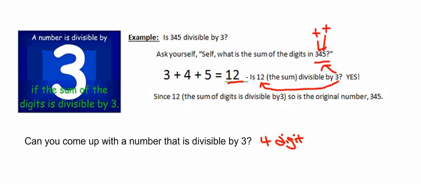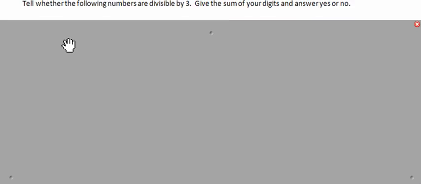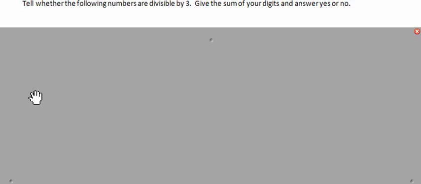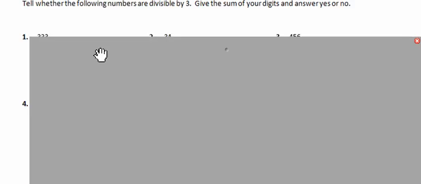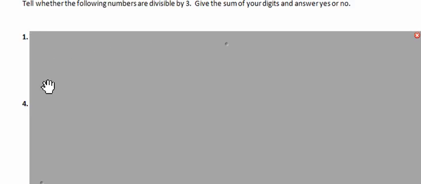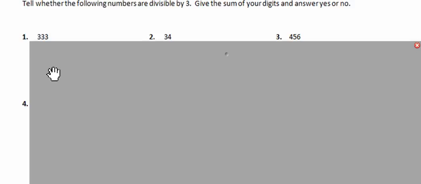Okay, so now let's move on to our example. Tell whether the following numbers are divisible by 3. Give the sum of the digits and answer yes or no. The very first one that we are going to do is 333.